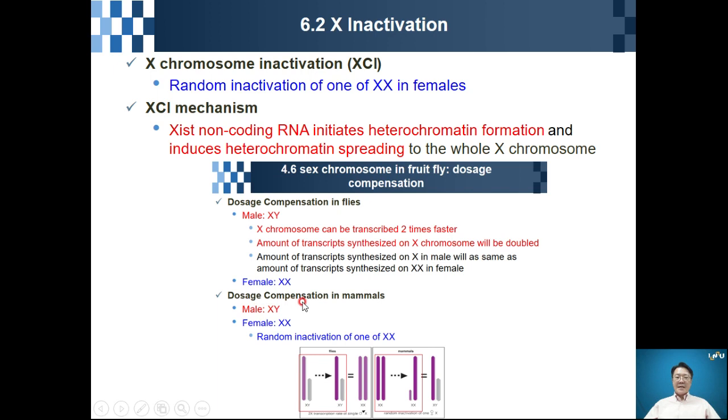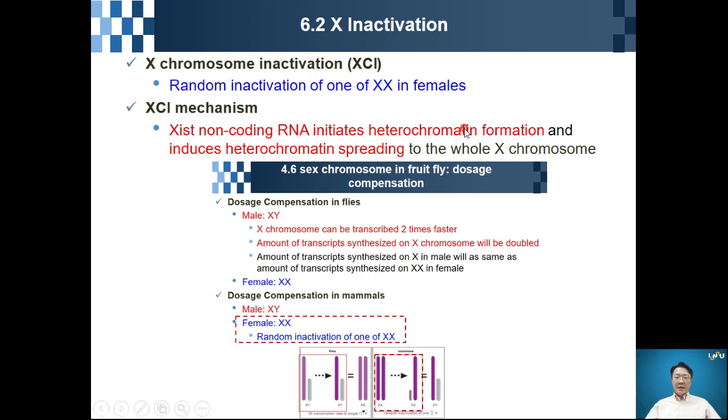Dosage compensation in mammals happens in female XX. At that time, we also learned that random inactivation of one of the X chromosomes happens in mammals. But at that time, we didn't cover the detailed mechanism. But in this chapter, we will cover some of it.